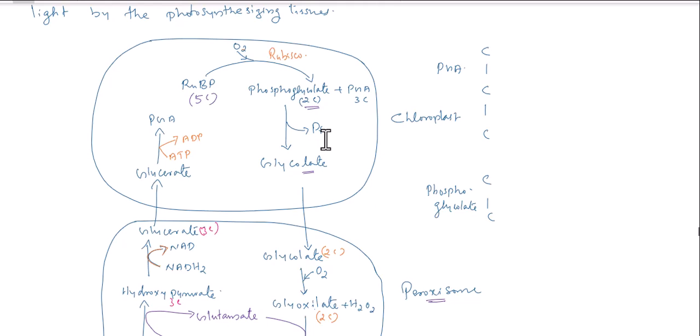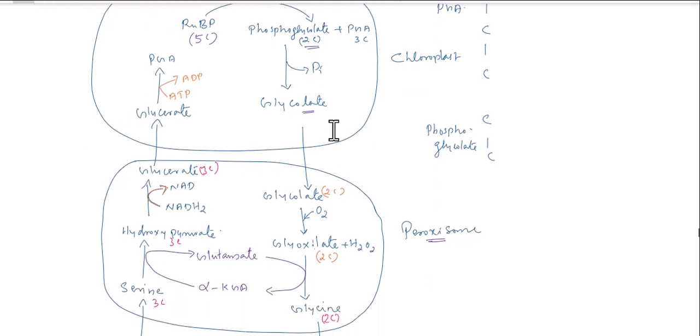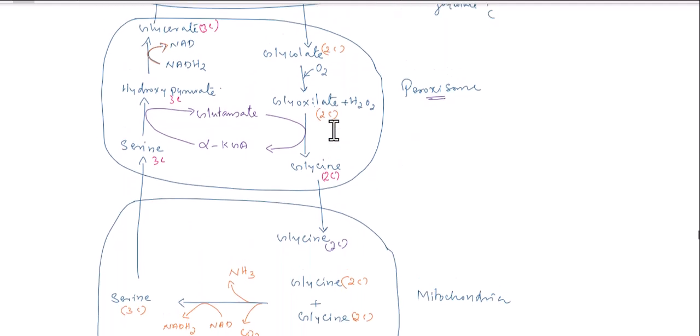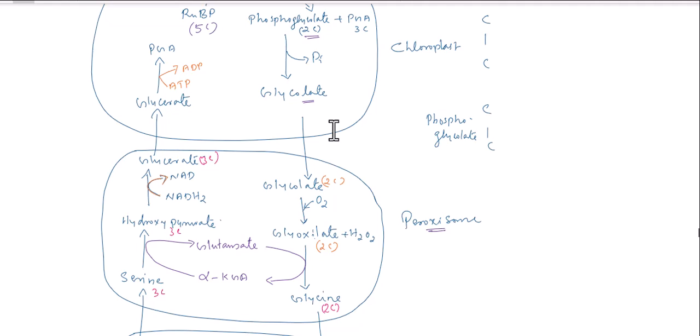It starts from the chloroplast, and it needs two other organelles, peroxisome and mitochondria. All three organelles together are required to complete the reaction.